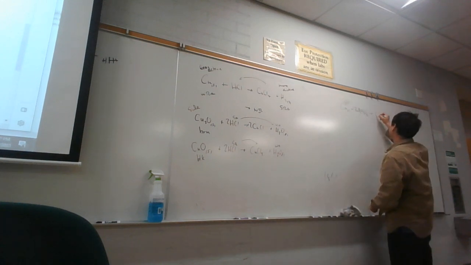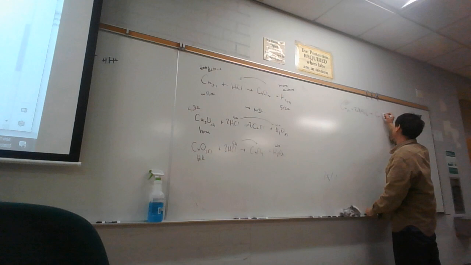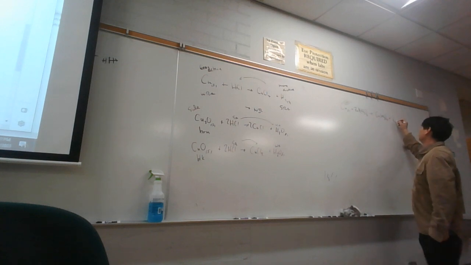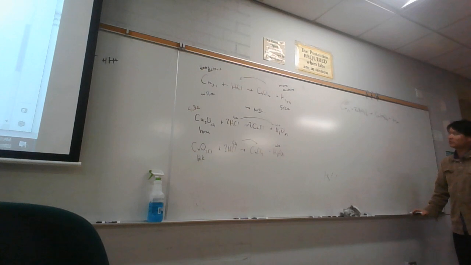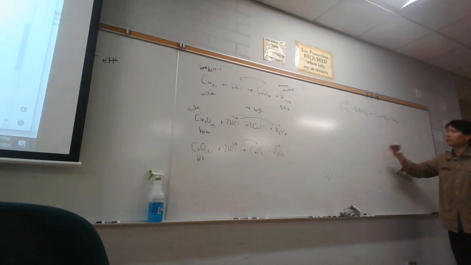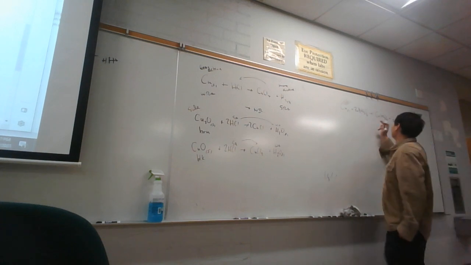What's going to form is copper 2 nitrate and zinc metal. Okay, again, there's no acid. This is under acidic conditions, so single replacement should work here. And we can compare copper and zinc.